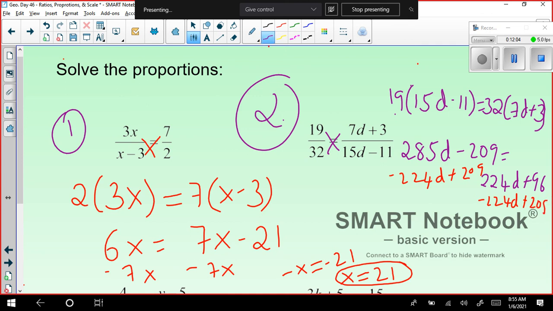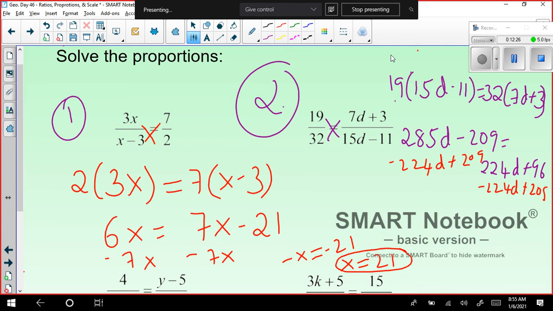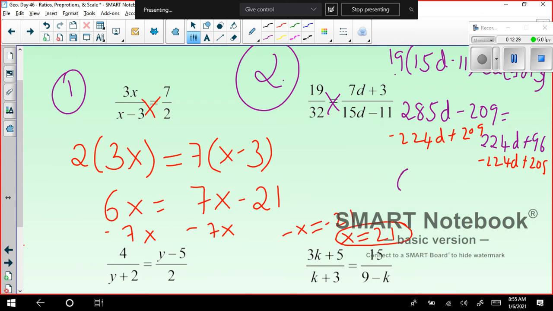That gives us our new equation: 285d minus 224d, which is nothing but 61d, equals 96 plus 209, which is 305.